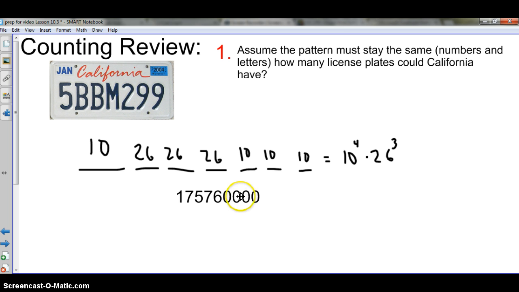But I would like you to multiply it out. So give me that final number there, because you'll need to use that in a probability type question.